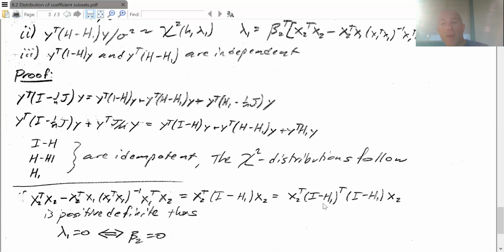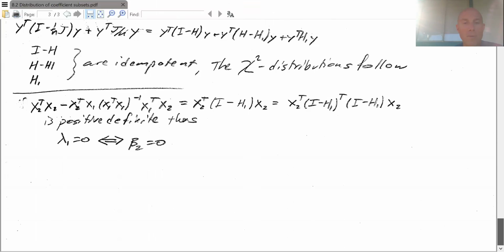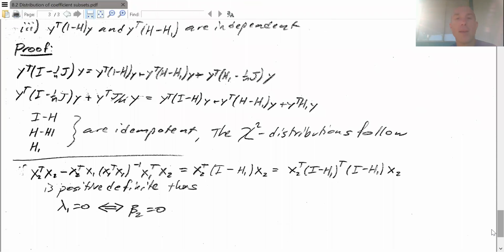I'm positive definite as long as I'm not dealing with the degenerate case. It's positive semi-definite if I have low rank, but we're not dealing with that. So because of the positive definite aspect, lambda 1, the non-centrality parameter, is equal to 0 if and only if the beta 2's are equal to 0. And so that gives us the rest of it. And that's all I've got for you. Take care and goodbye.